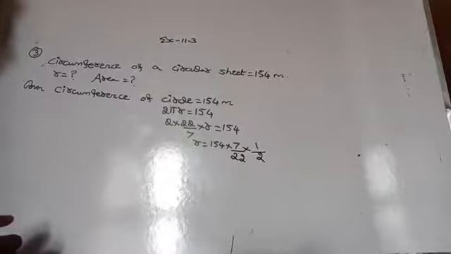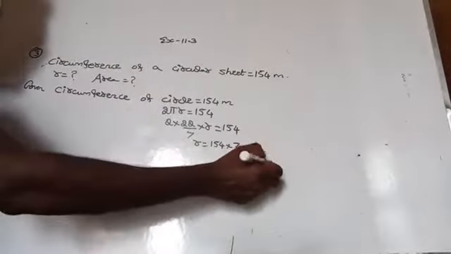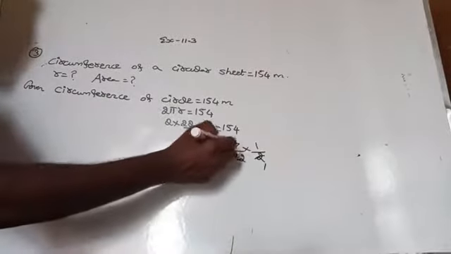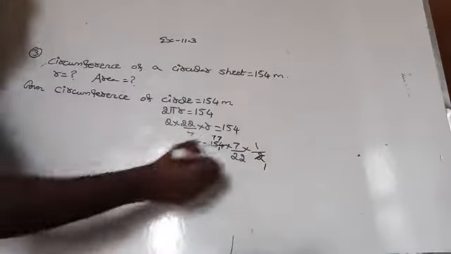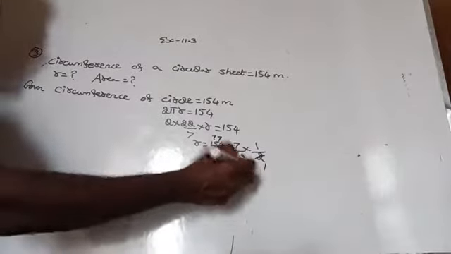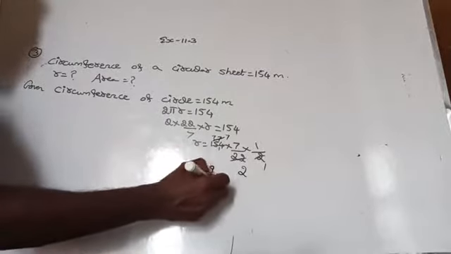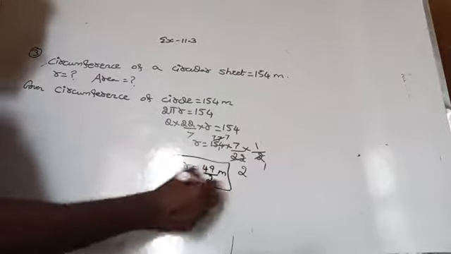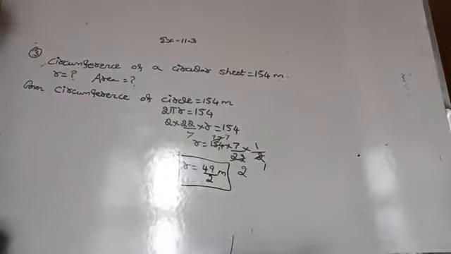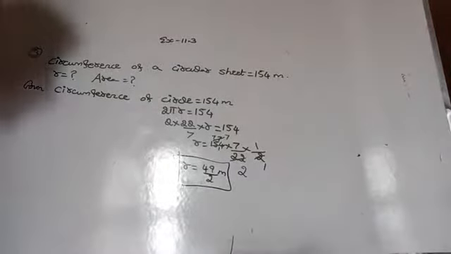Am I right, dear? Yes. Now 2 11s are 22, 7 11s are 77. Then r equal to 49 by 2 meter, which is the radius.